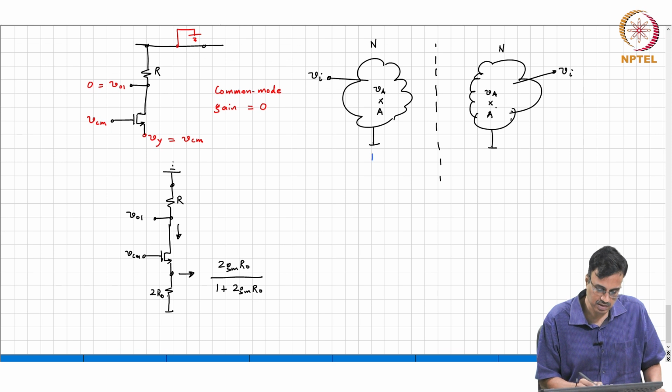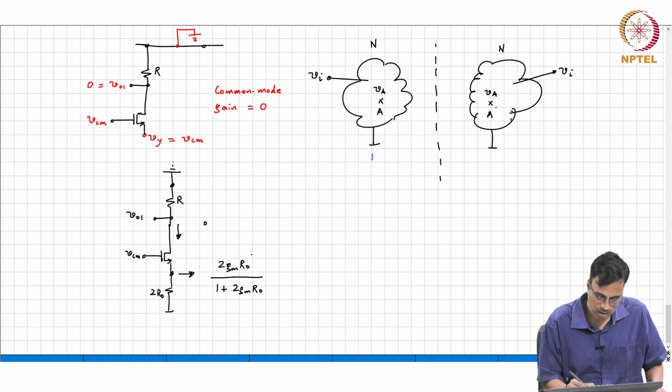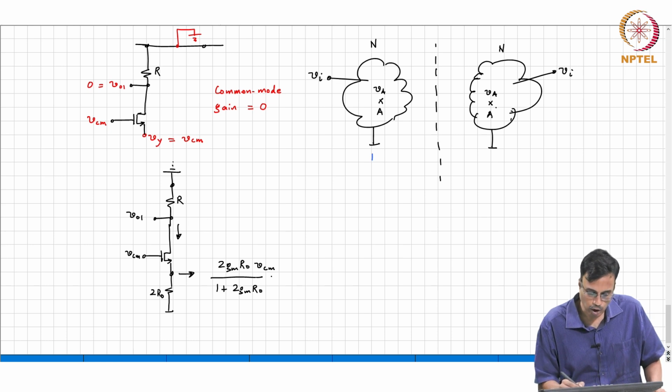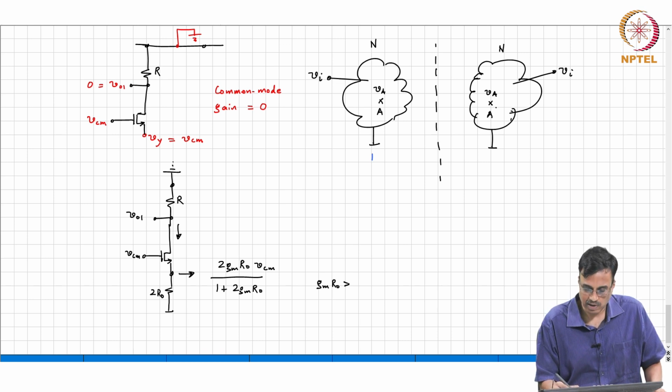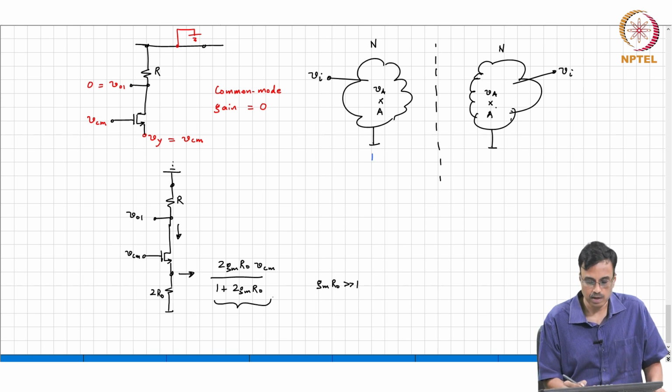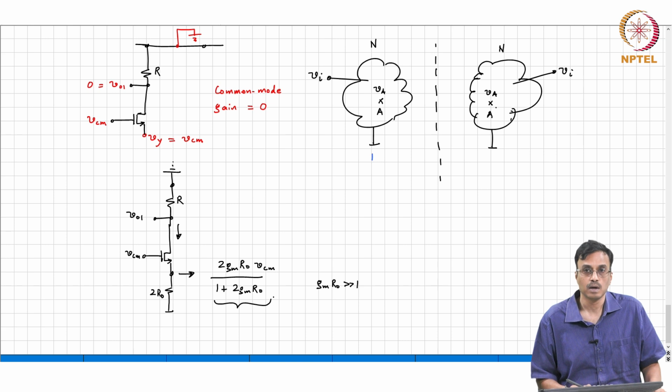That is just this divided by 2 R naught. What comment can we make about gm R naught? Is it a small number or a large number? It is a large number. So, that quantity is roughly 2 gm R naught.